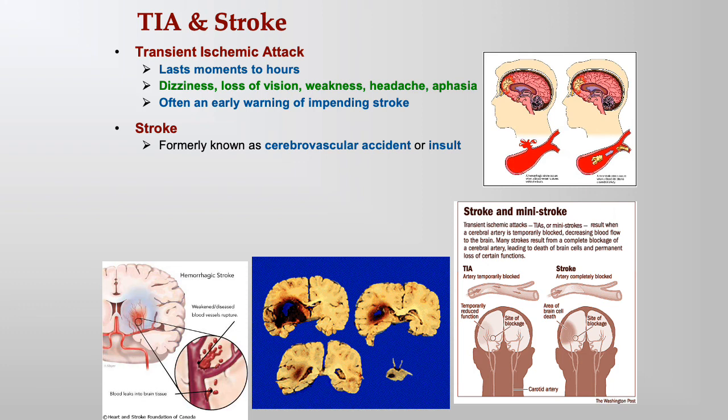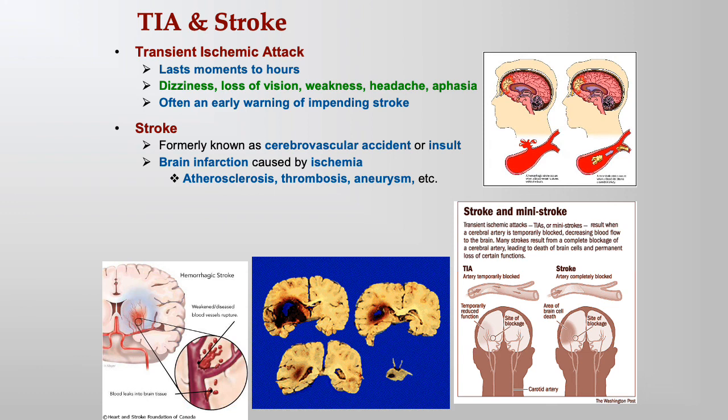Stroke used to be called cerebrovascular accident or insult. They told us to not call it that anymore, I think because accident made it sound like it was somebody's fault or something. I don't remember. This is a brain infarction caused by ischemia. So remember, infarction means that basically the tissue is dying from not enough blood. And so now, what happens when brain tissue dies? Yeah, that's pretty bad.